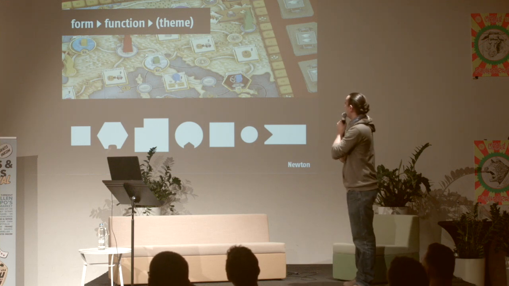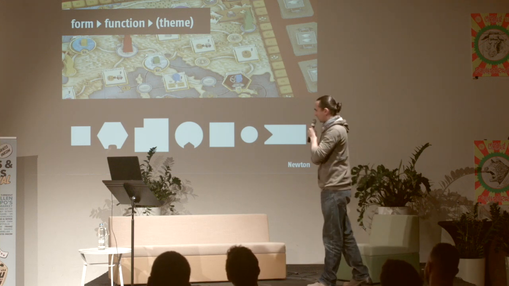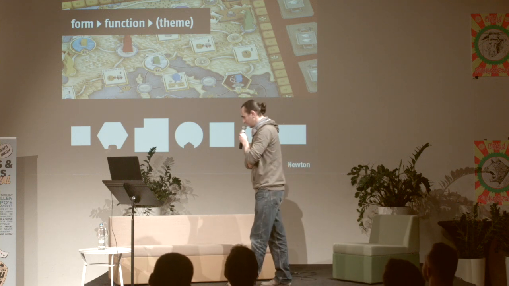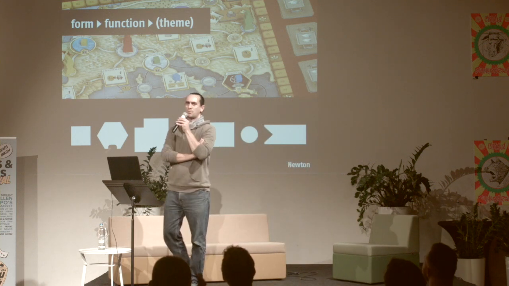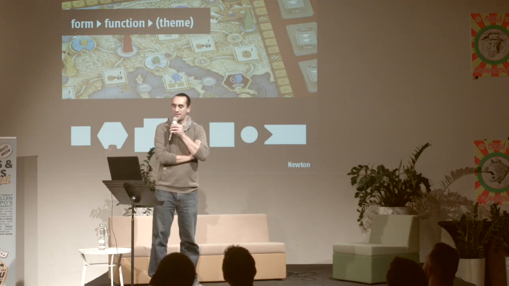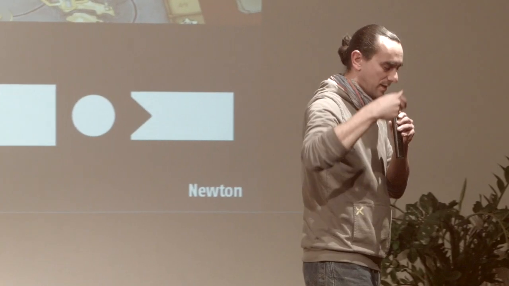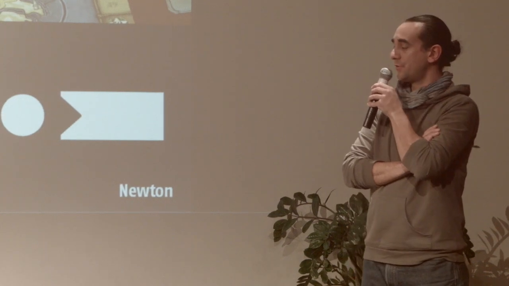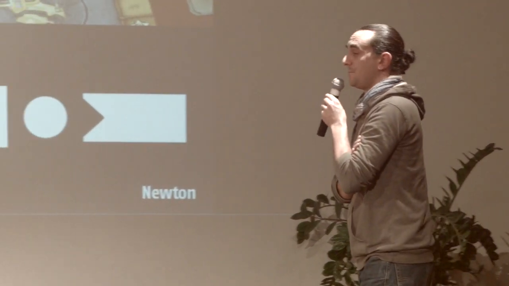Here we have a Newton game that was heavily criticized for its visuals because it was so brownish and not colorful. But while designing the game, it's about traveling through medieval or late medieval, early modern times Europe, and inventing things.